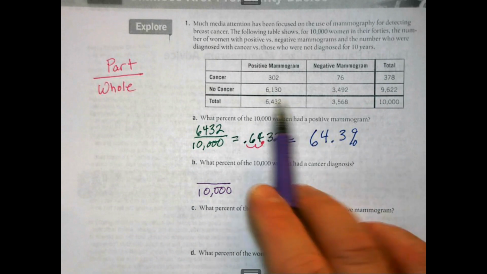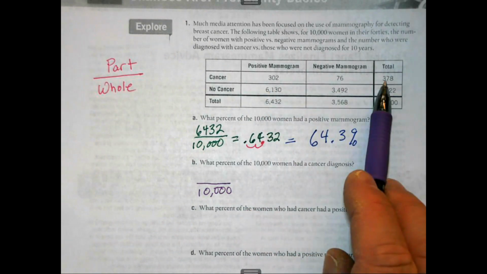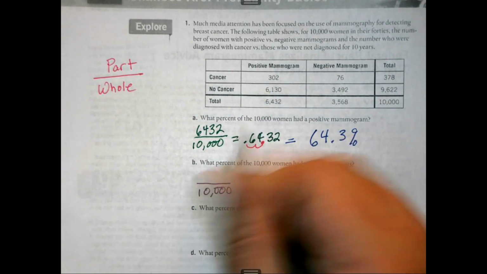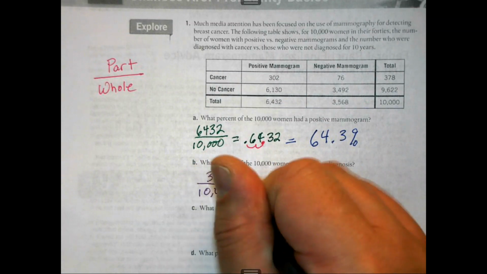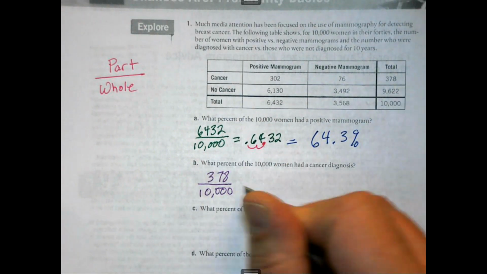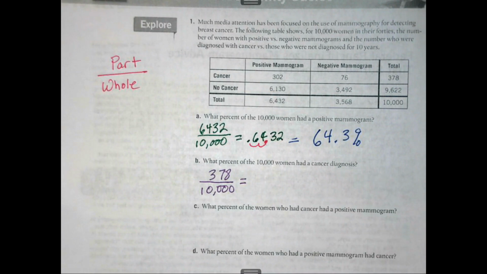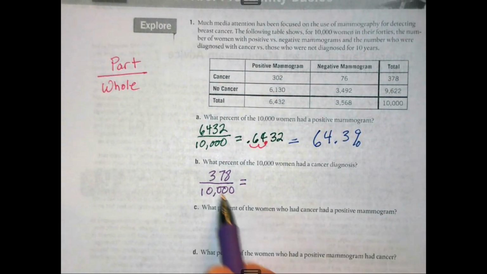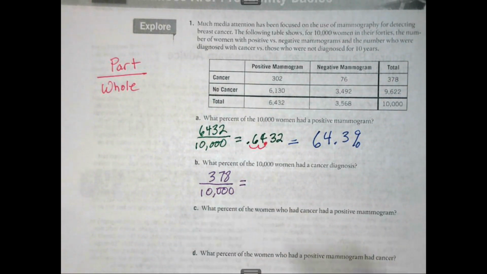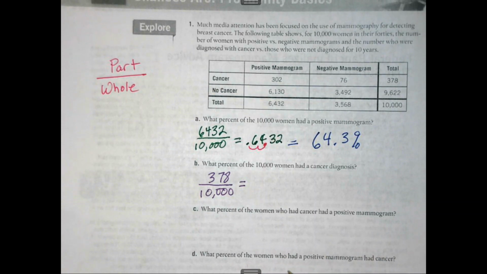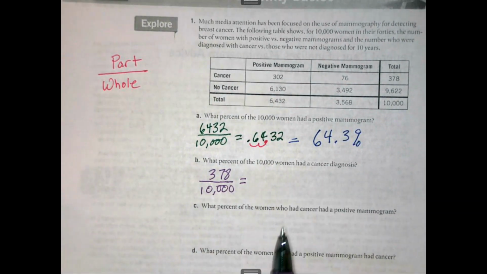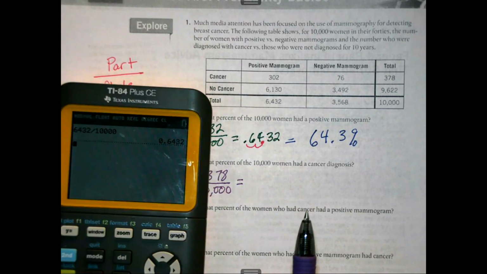So definitely had cancer, which is 378. So all you have to do is use your calculator again, or there's 1, 2, 3, 4 zeros, so you're just going to move the decimal place over. Never mind, I'll use the calculator.